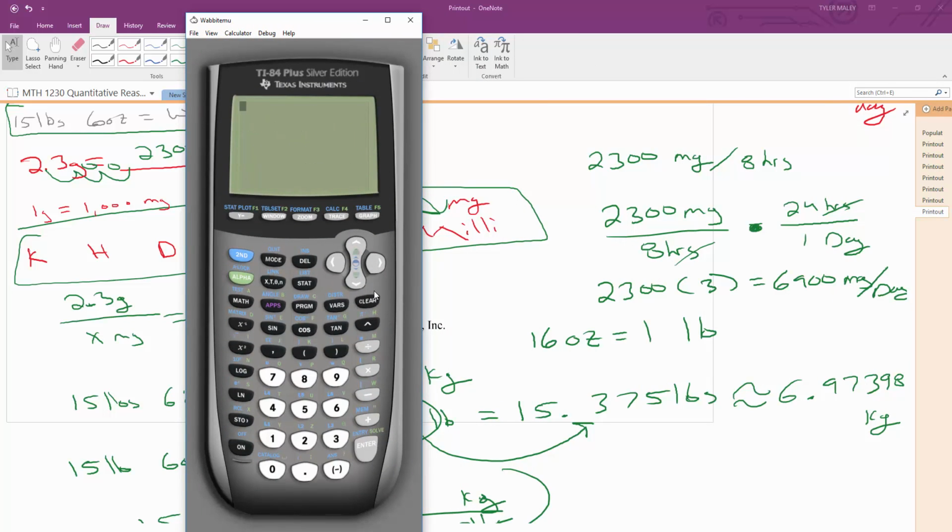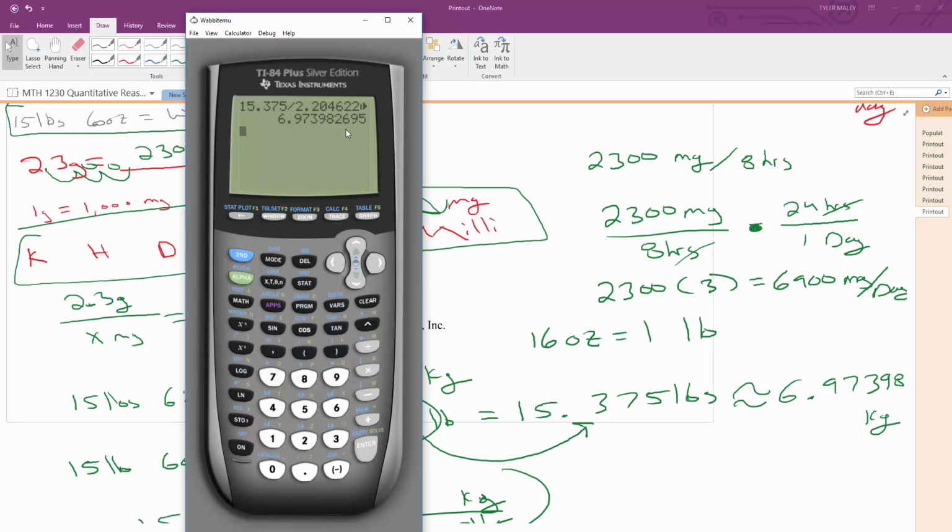In my calculator, I took 15.375 divided by 2.20462262, and we get this value.